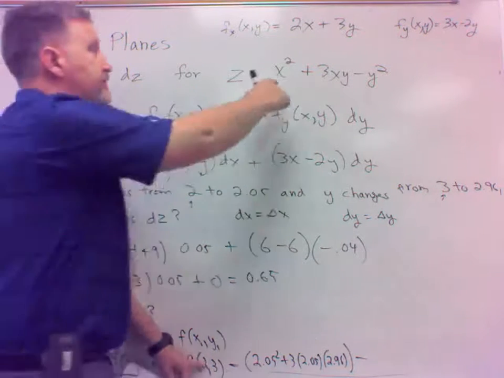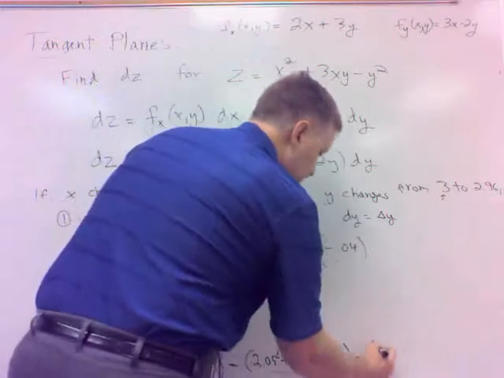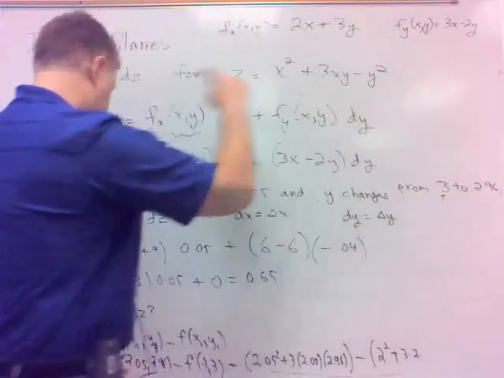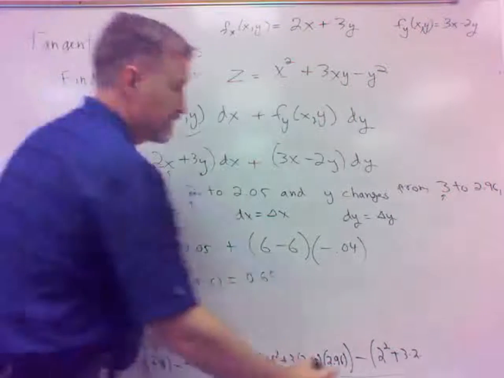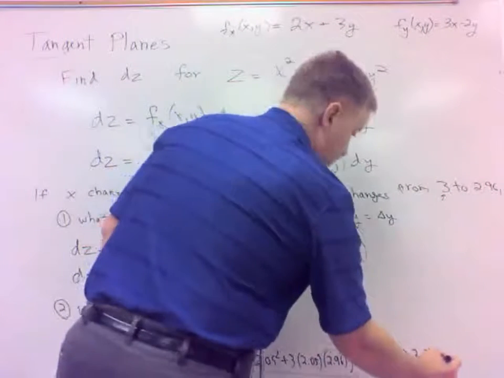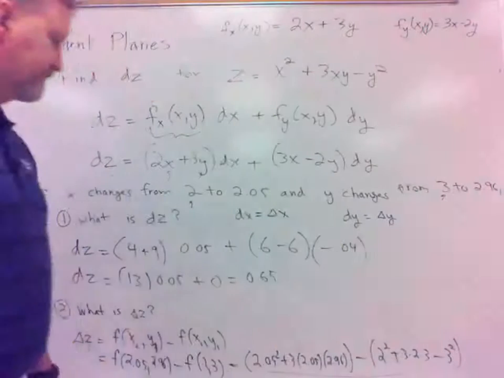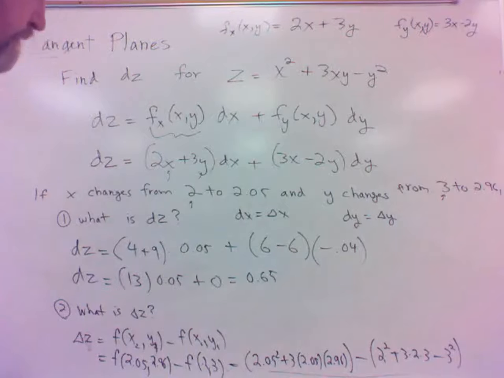Second one we plug in 2, so we get 2 squared plus 3 times 2 times 3 minus 3 squared. That gives .6449. Oh, we're pretty close. All right.